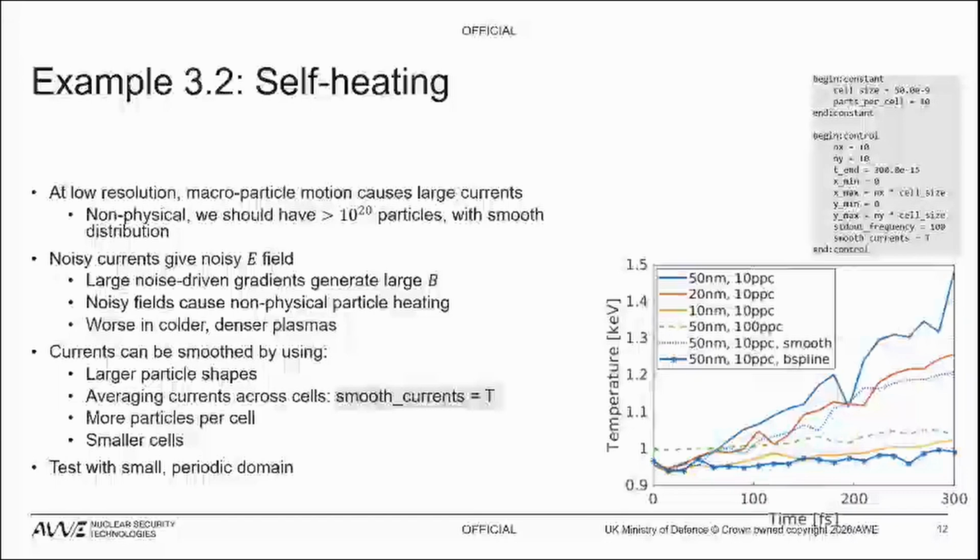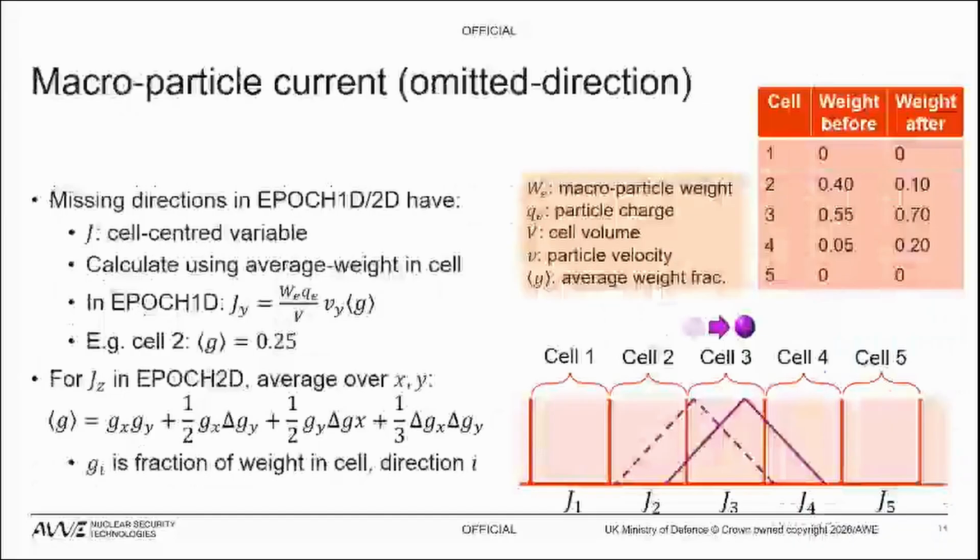Because if you think about it, when you go back to this cell example here, if you had a real physical number of particles per cell, forget macroparticles, forget weighting, I stick 10 to the 10 particles in a cell, then the current distribution is going to be quite smooth, if not completely noisy.